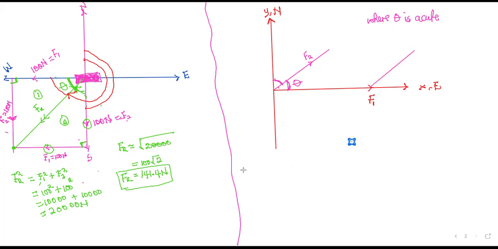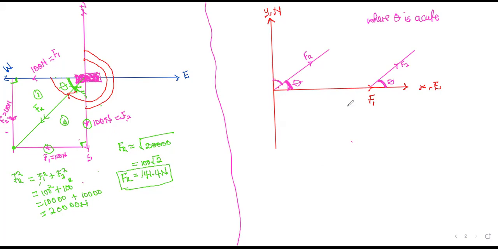Now, because this is the image or equal vector of F2, same magnitude, same direction. This is F2. Note that the angle it makes with the east or x-axis, the same angle must also be achieved here because the two vectors are parallel and are equal. So if this is theta, this must also be theta. In numerical terms, if this is 60, this must also be 60.